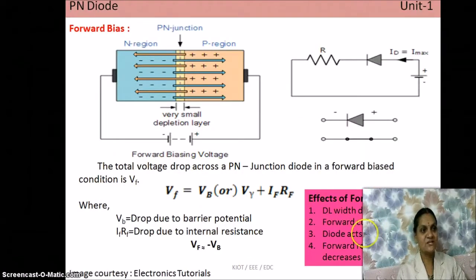And the next one is forward bias operation. This forward and reverse bias operation is very simple. You know the structure already. This is the diode structure.